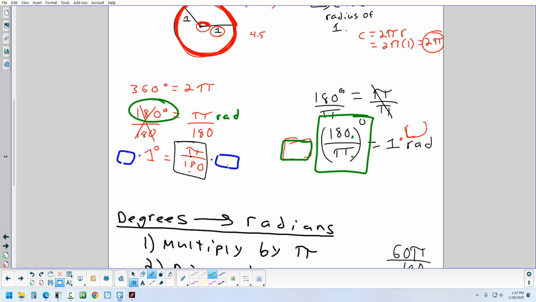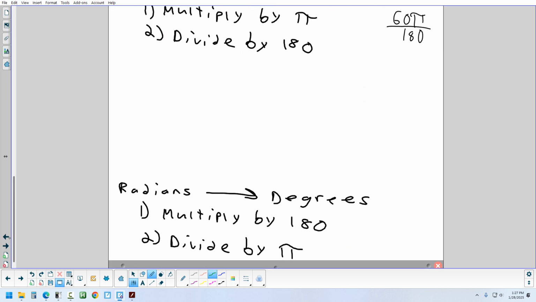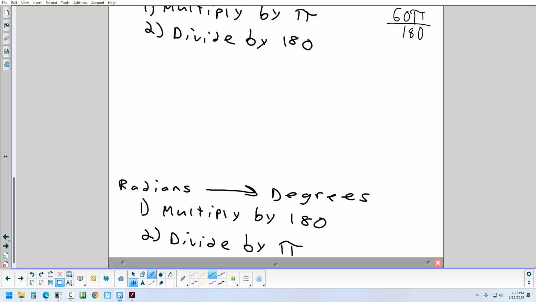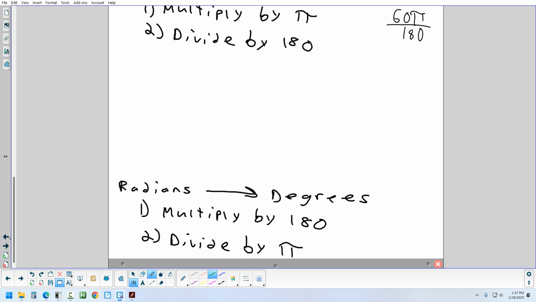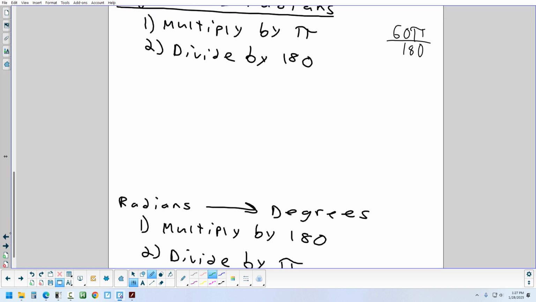When I say radians, think of pi. If you can remember those two things, it's going to make all those steps automatic. So degrees, think 180. Radians, think pi. Any questions on those 2 steps? Now we're going to try some examples.